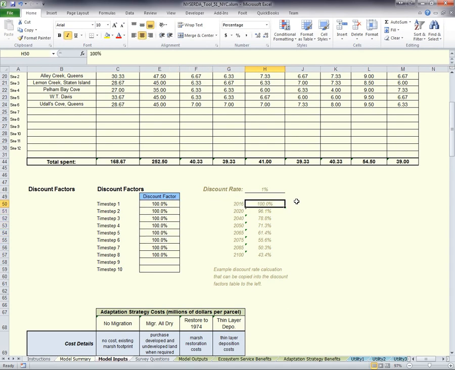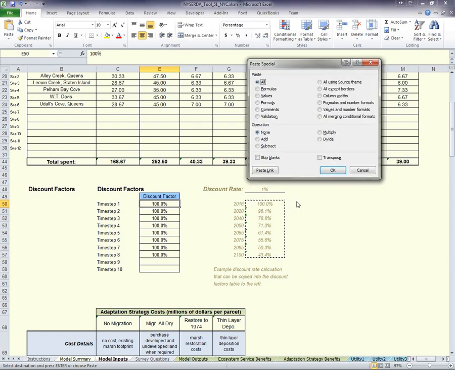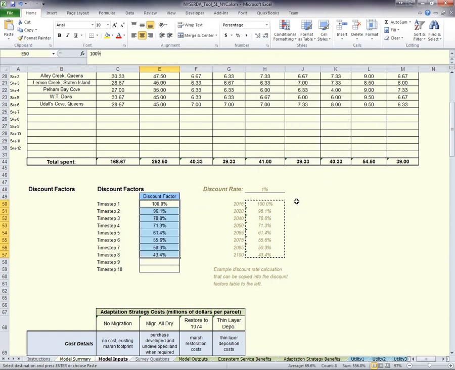So if you want to use a 1% discount factor, then you would copy these inputs, and then you would paste those under the discount factors onto the left. And then we can see that as of 2100, the marsh utility is only going to be valued at about 43% of what it is at the current time.